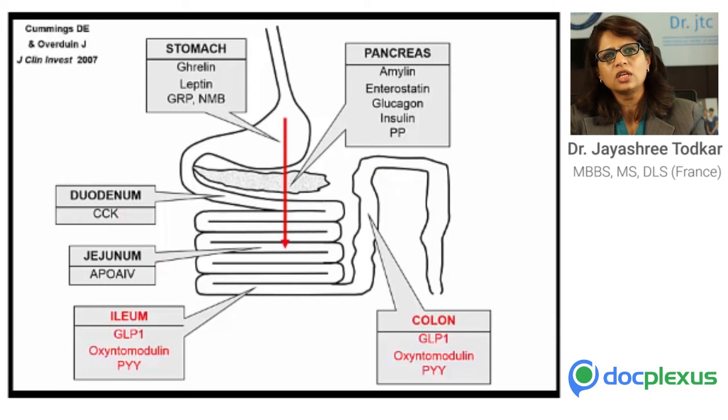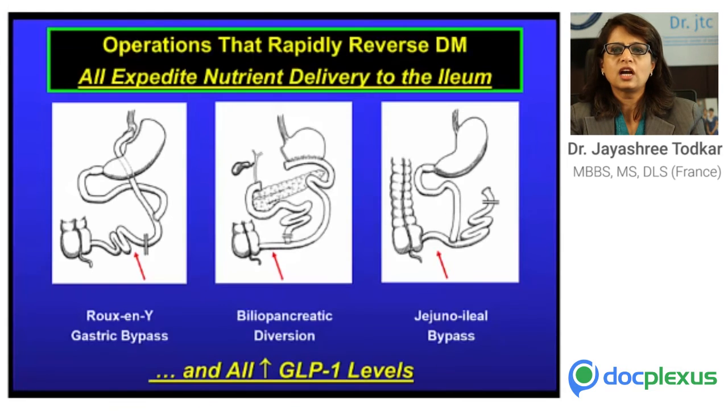What we are able to see is that numerous hormones start playing their role after these operations are done. You can see in this slide the GLP-1, which has a fantastic impact on the diabetic status of any individual because it improves the sensitivity of insulin, and gets physiologically activated and stimulated after these operations.